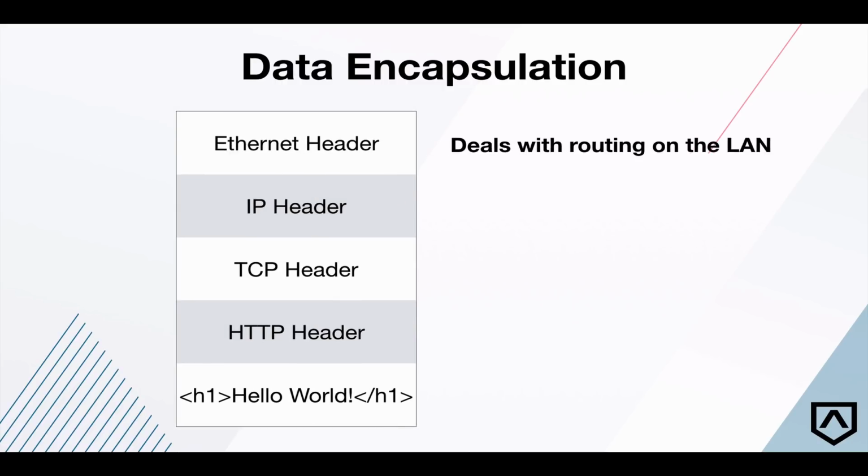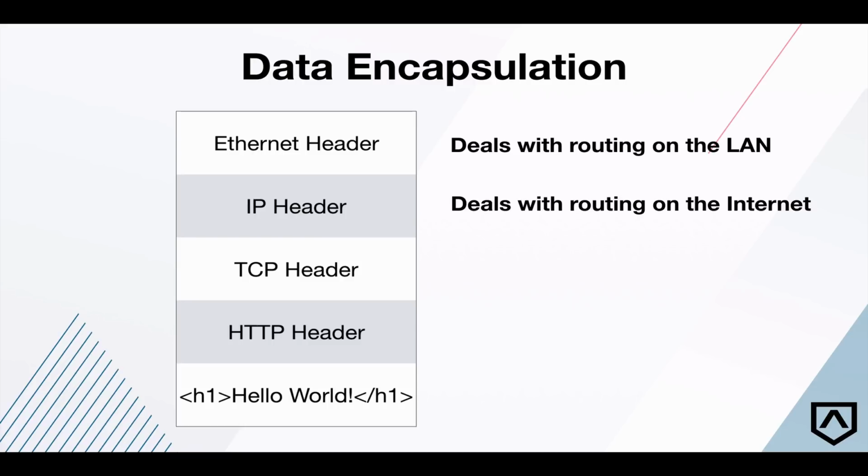Ethernet deals with your local routing on your local area network. That's taking that encapsulated data packet and sending it literally over the wire, your local wire, out into the open internet. And then from there on, IP deals with routing over the open internet, so figuring out how to get that packet that was just sent out from your Ethernet.